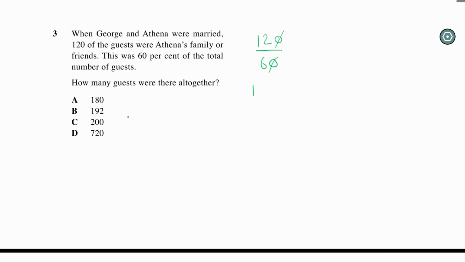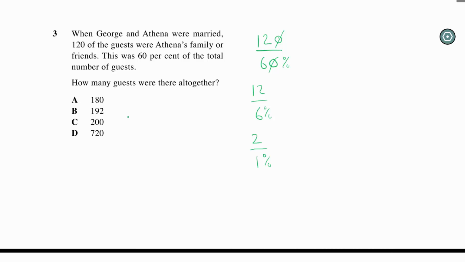So it will be 12 over 6. So what this means now is there'll be 12 people for every 6%. So we can break it down further. 12 divided by 6 equals 2 over 1. So what this means is for every 1%, there will be 2 people.